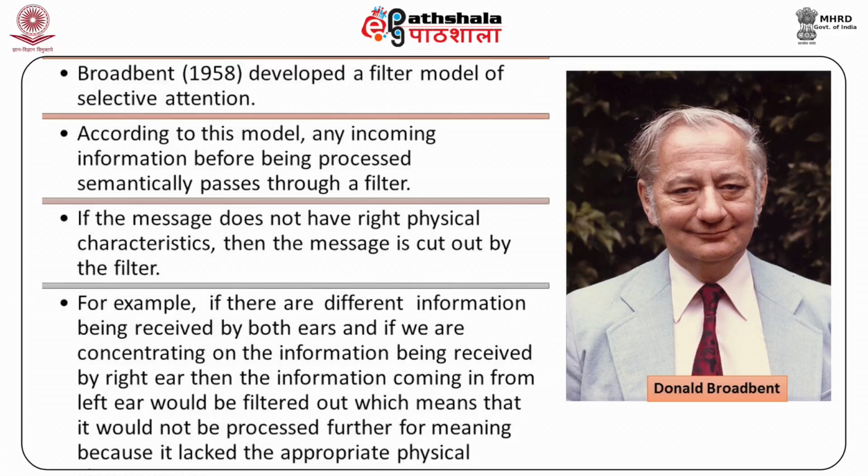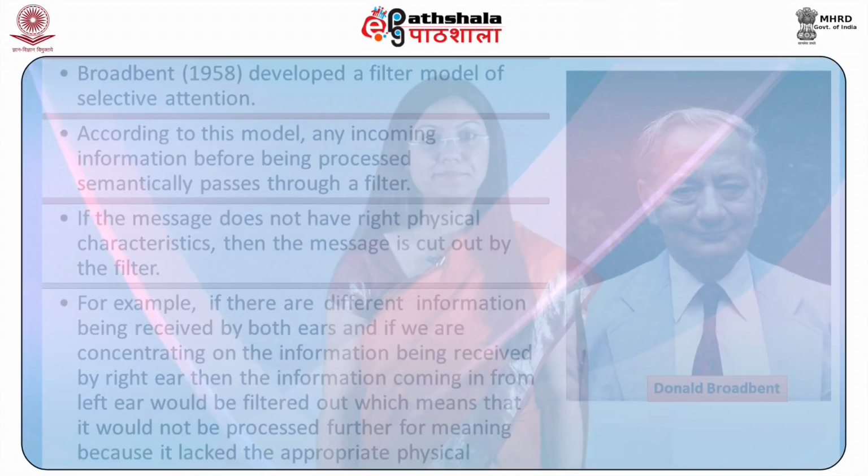For example, if different information is being received by both ears, and we are concentrating on the information being received by the right ear, then the information coming in from the left ear would be filtered out, which means that it would not be processed further for meaning because it lacked the appropriate physical characteristics.